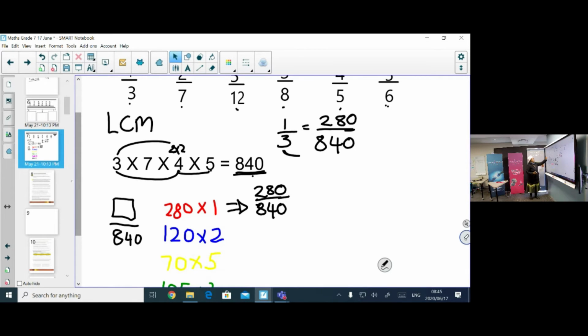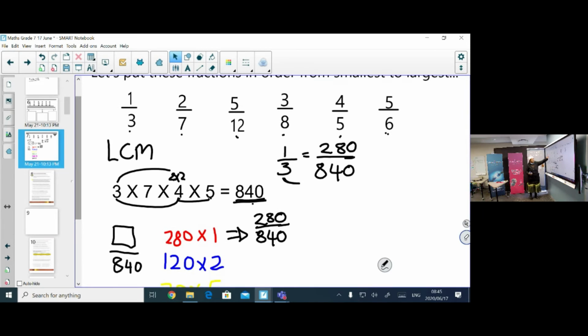So now let's go back to the second one. We still do it in the same manner. 840 divided by 7. Let's do that together. 840 divided by 7. What do you get? 120. But you must multiply by 2 because we are having 2 there.